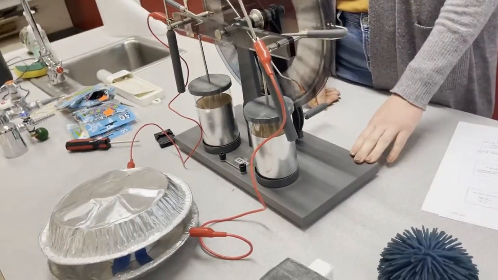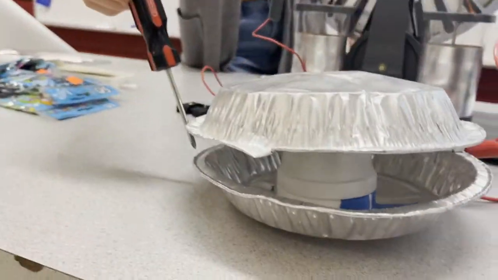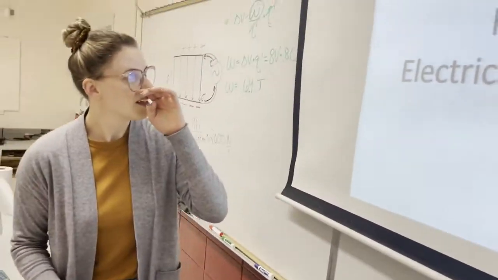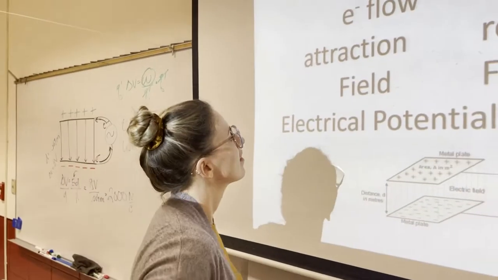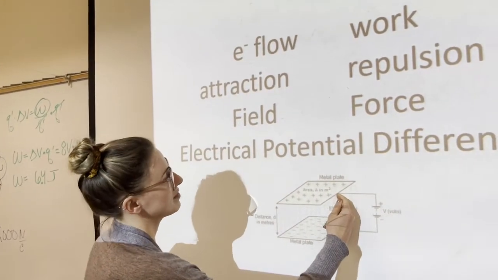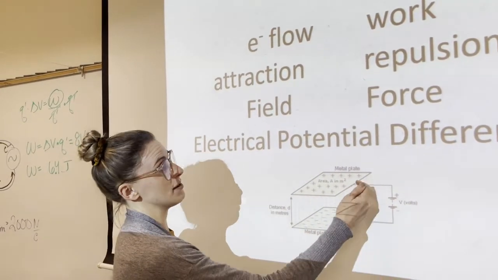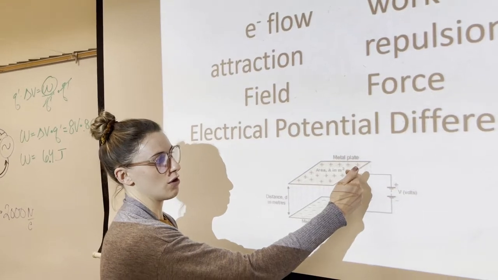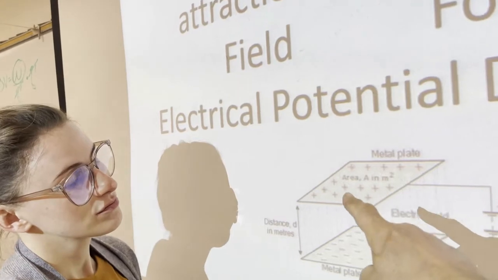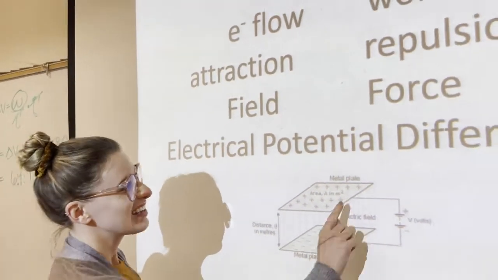You're doing work and pumping, so electrons are flowing from one plate to the other. What happens when you take an electron off of the positive side? It's attracted back to the positive side, but the negative side has a greater force of repulsion. Taking electrons away from the positive side leaves protons, so the electron feels a force of attraction.